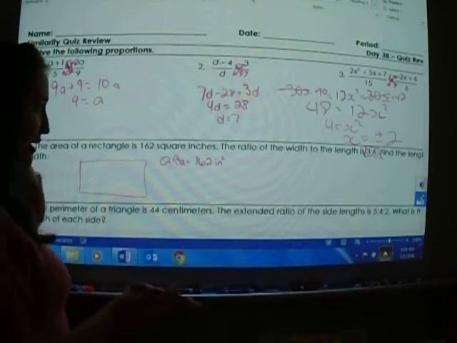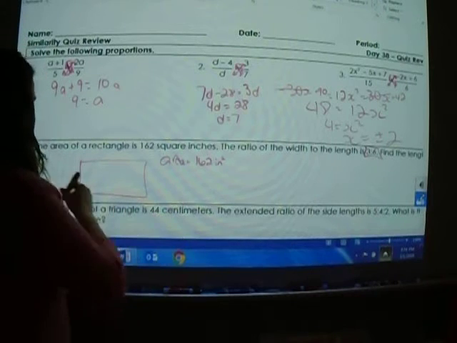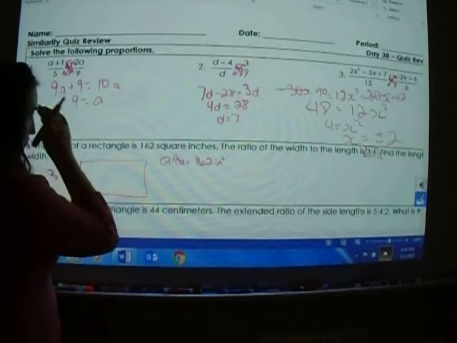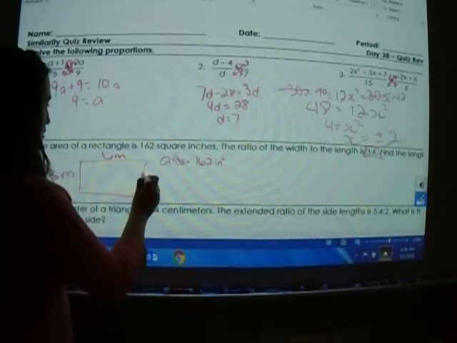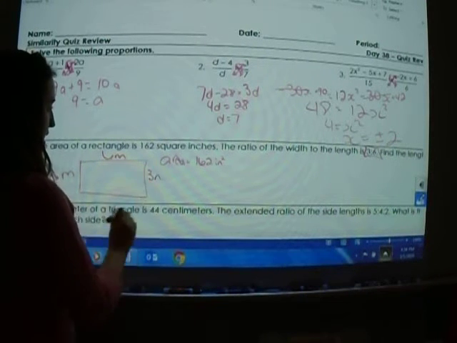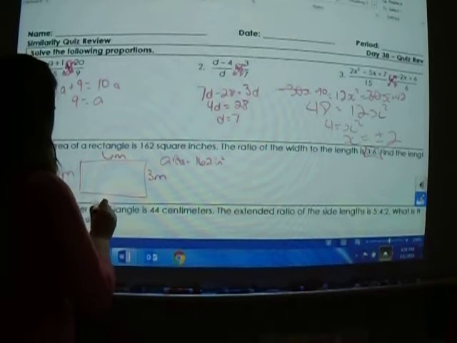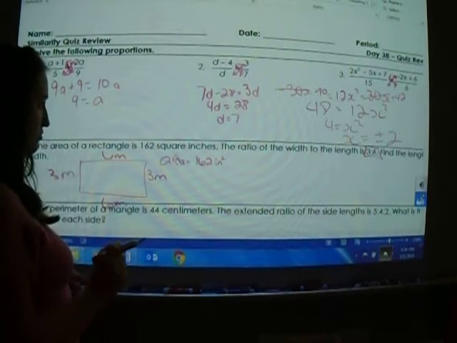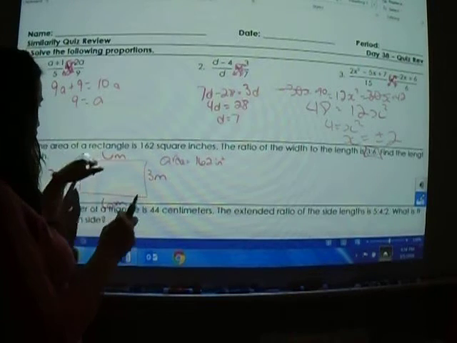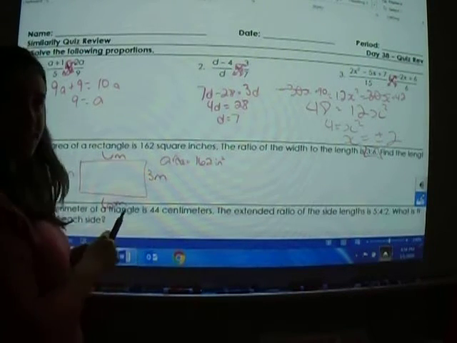You know I like to use m. All right, so 3m, 6m. Remember, this side here is also going to be 3m. And this side is also going to be 6m, okay? But we're multiplying these out, okay? So this times this needs to equal 162.